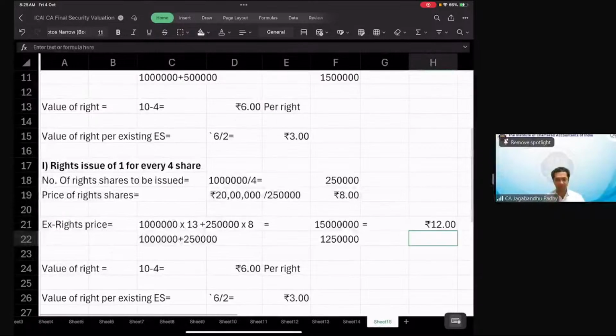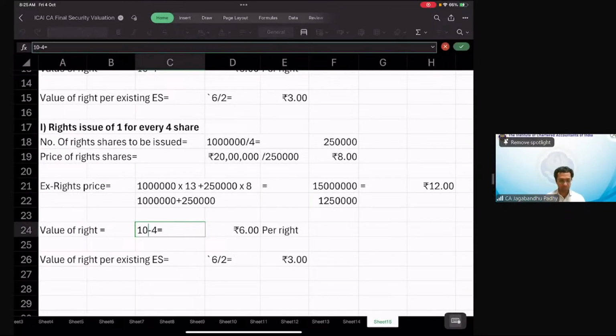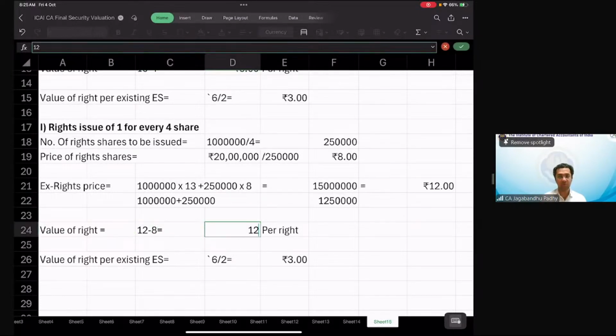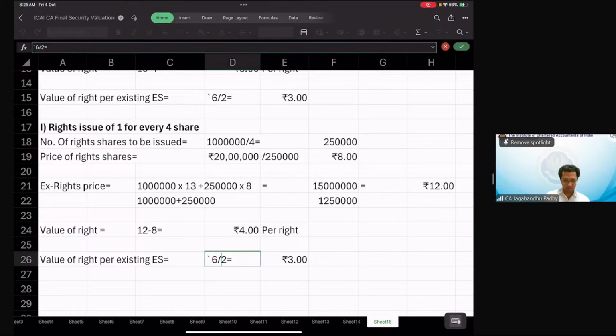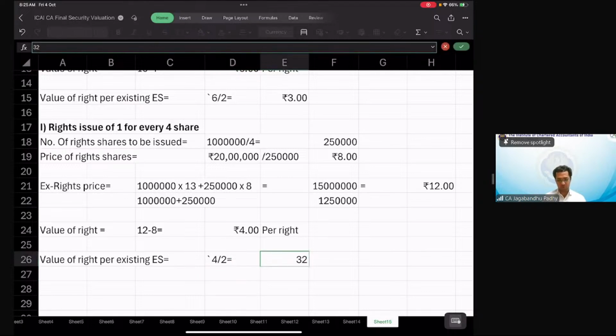So X rights price is 12. Value of right is 12 minus 8, which is 4 per right share. And value of right per existing share, this will be 4 divided by 2, which is 2 rupees.